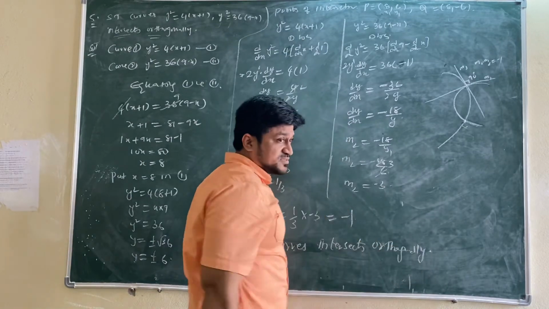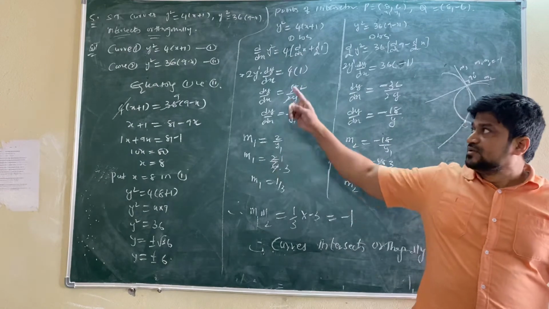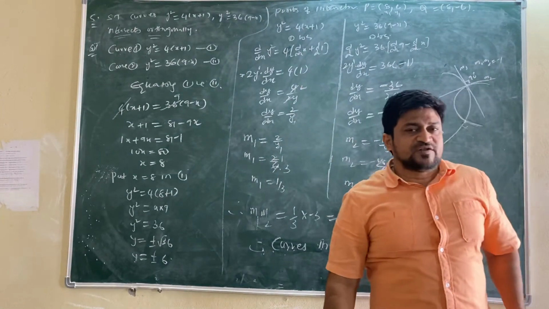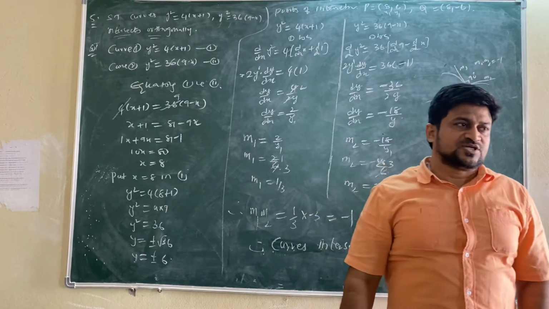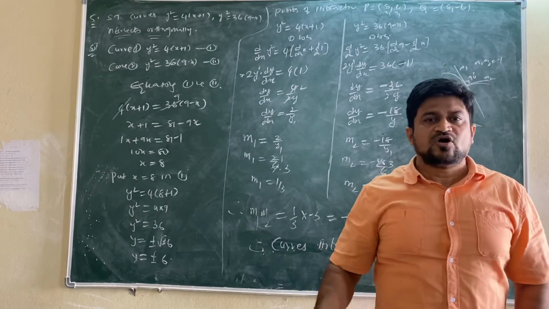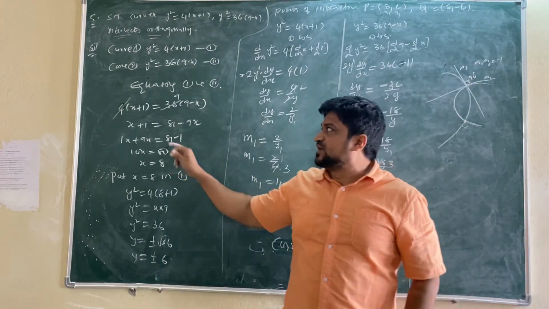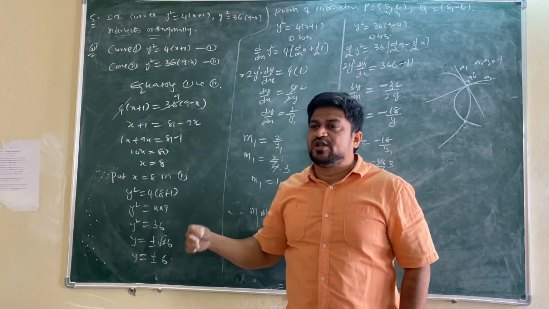Once again check this. 3 problems are there of the same type. 2 curves will be given to you and we have to prove that they are orthogonal to each other. So what we have to do: equation 1, equation 2, equating 1 and 2 or solving 1 and 2, we will get the x value. Once we got the x value, substitute in 1, we will get the y value or values.